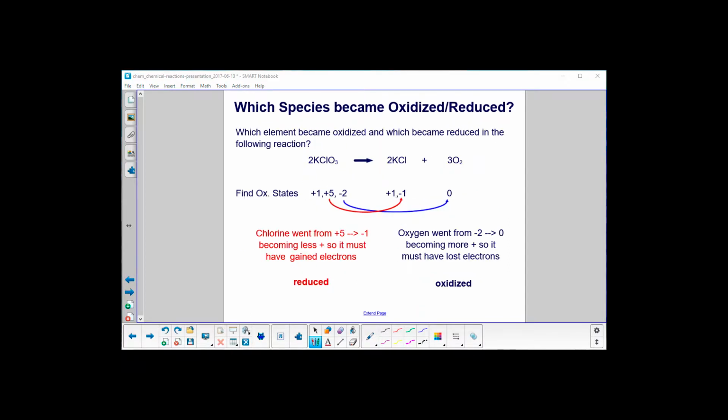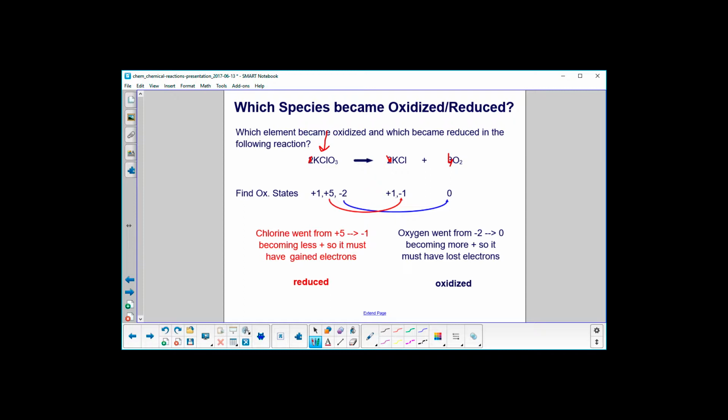Which element became oxidized and which became reduced in the following reaction, where we have potassium chlorate turning into potassium chloride and oxygen? And remember, we don't care about the numbers in front that tell us how many of the molecules we have. We don't need that now. So the first thing, we'll find the oxidation states.